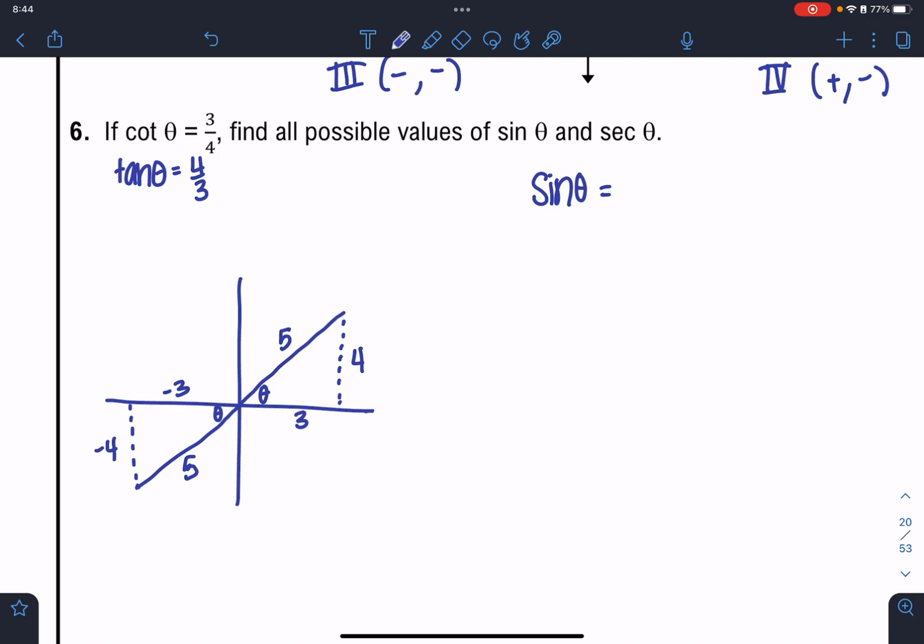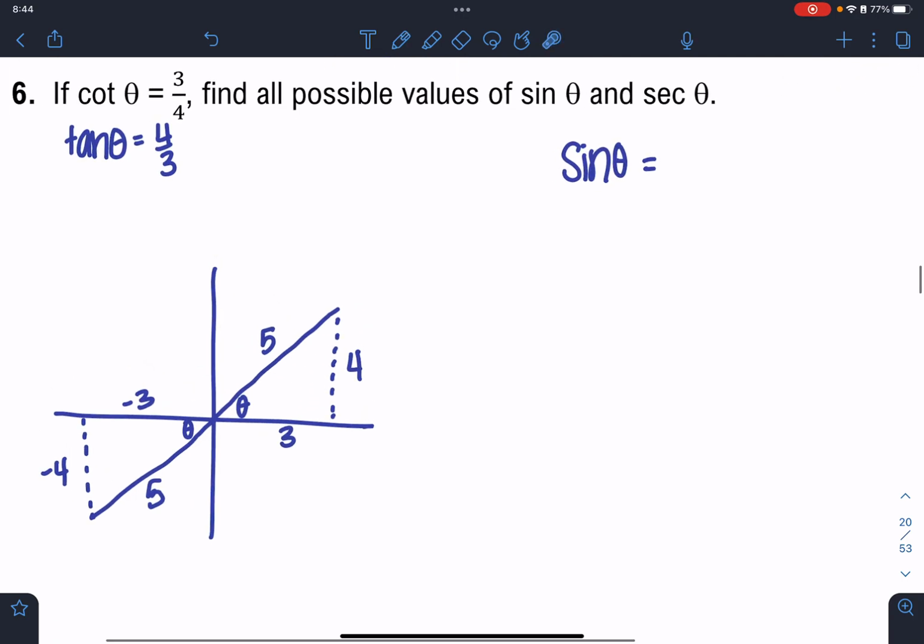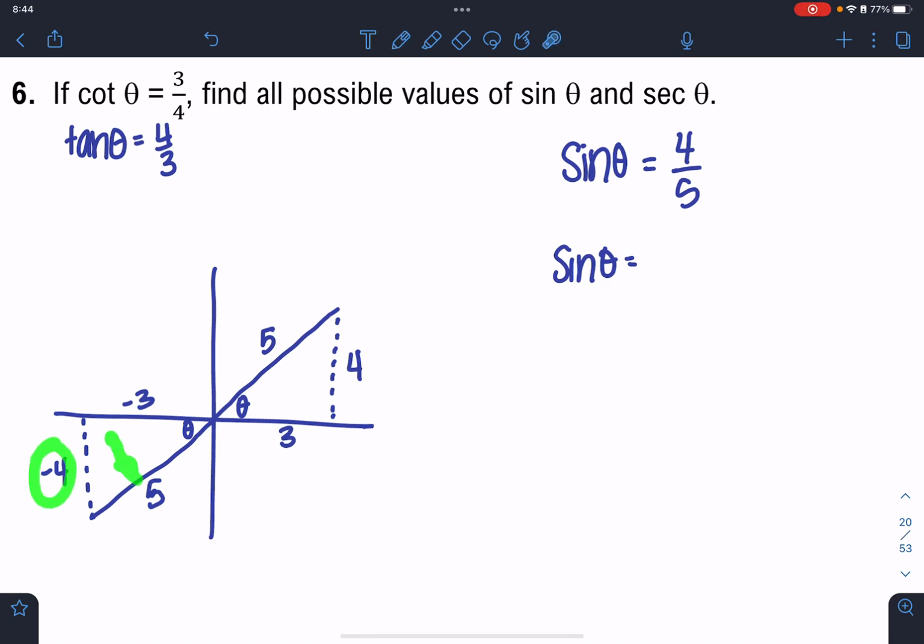All right, so I can say that sine of theta here could either be 4/5, because opposite, or the y over that radius, so 4/5, or it could be, if we look the other direction, negative 4/5. Okay, so really you'll learn as we do more of these and as you do the homework, it's really just different signs. The values aren't going to change, but one's going to be positive, one's going to be negative. That's what you'll learn about these problems.